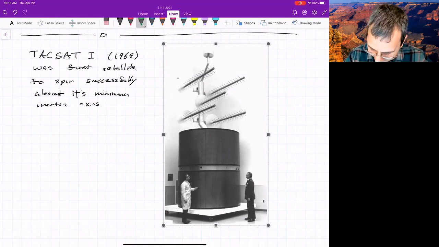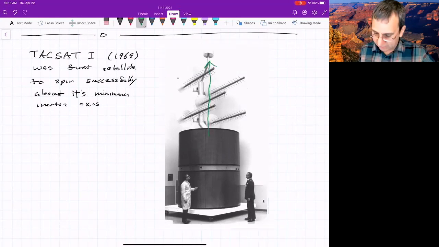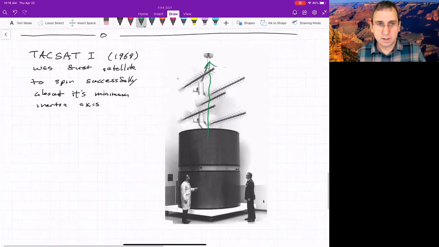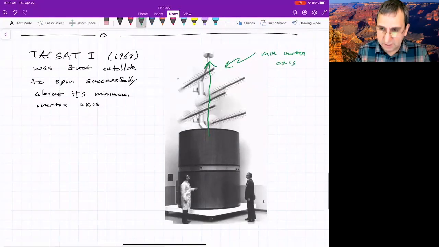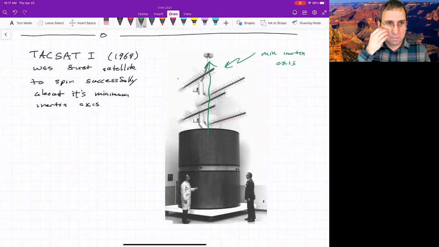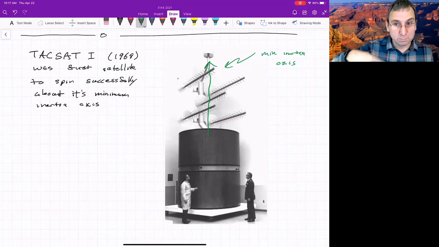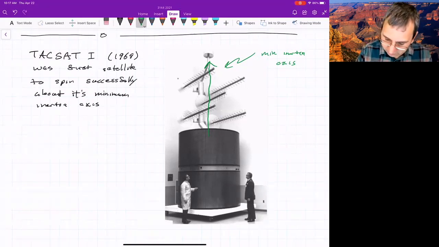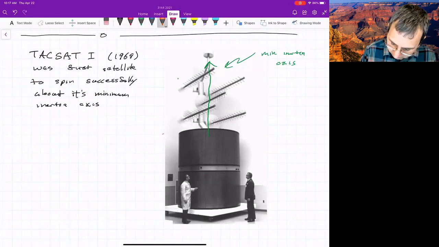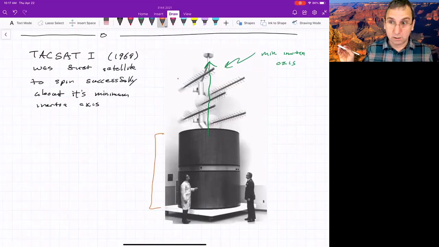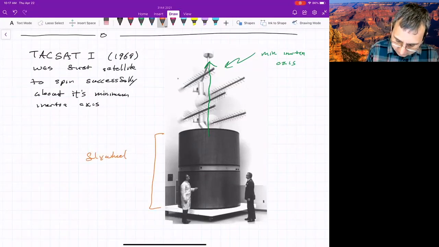So here's the axis that they wanted to spin about. And you can just kind of see from its shape, it's the min axis. This antenna is the main part of it, and they wanted it to be pointing at the Earth, spinning at 1 revolution per orbit. And the cylindrical body down here was in some sense the flywheel. And this thing spun at 60 RPM.